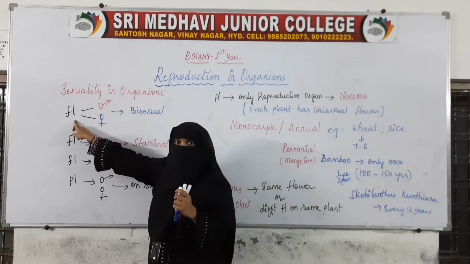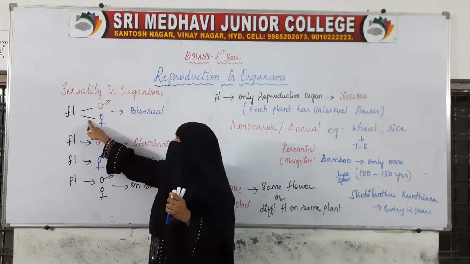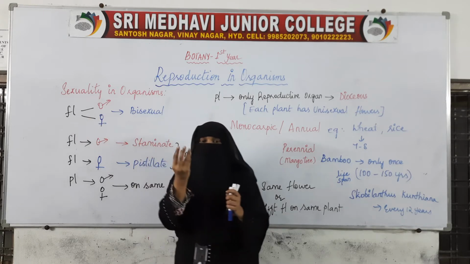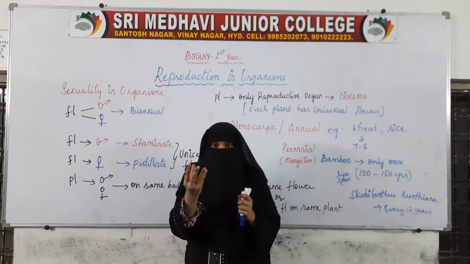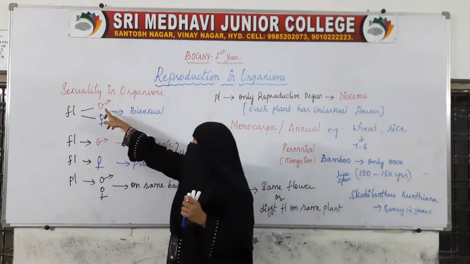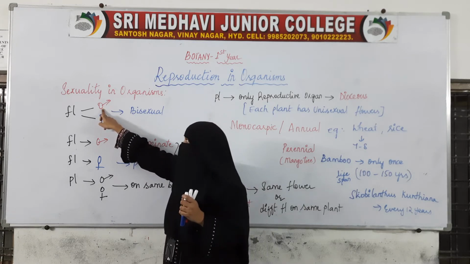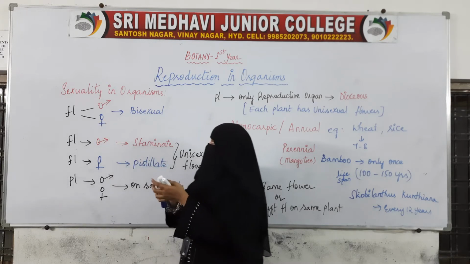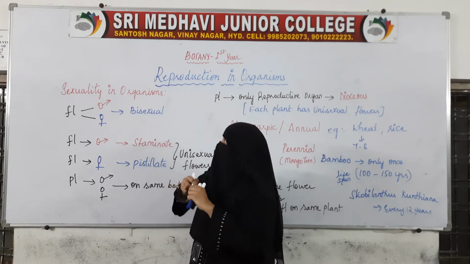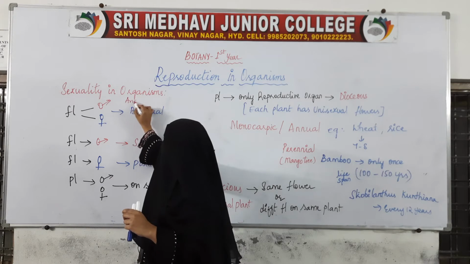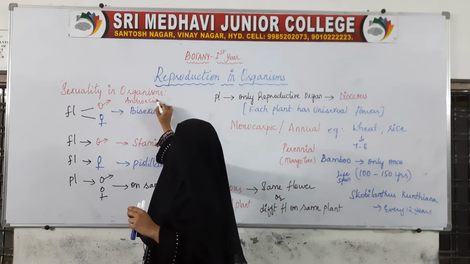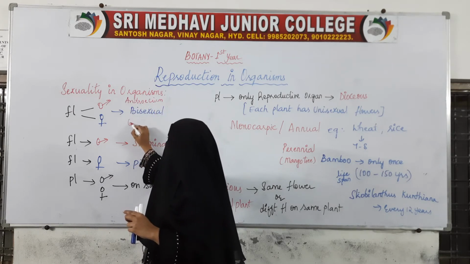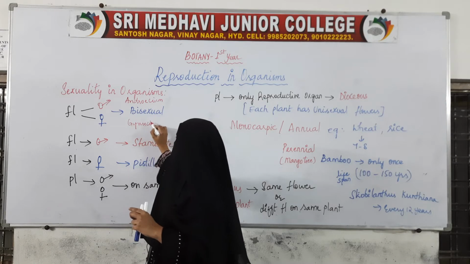If a single flower has both reproductive organs, that is the male reproductive organ as well as the female reproductive organ, the male reproductive organ is androecium, and the female reproductive organ is gynoecium.